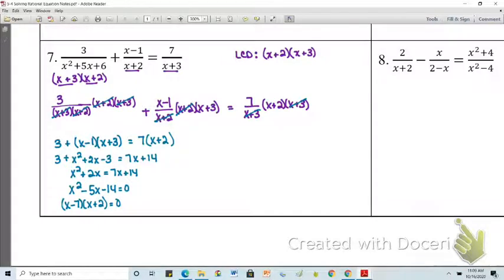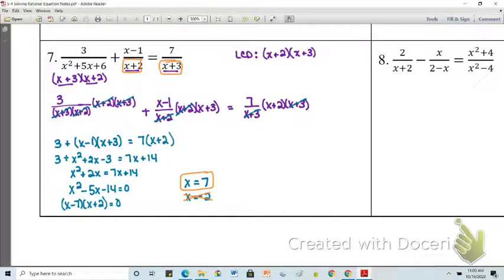So my answers are 7 and negative 2. Again, I need to check, do both of them work in my denominators? In this case, negative 2 does not. So 7 is my only solution.